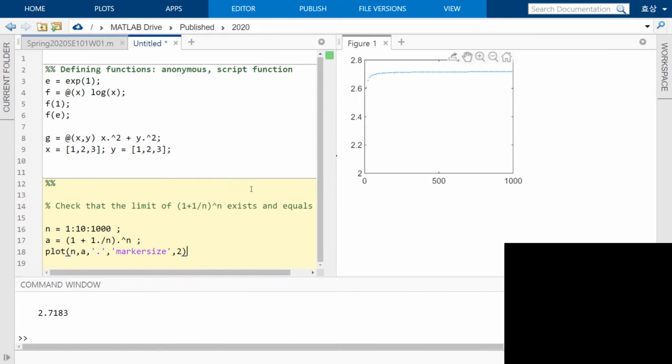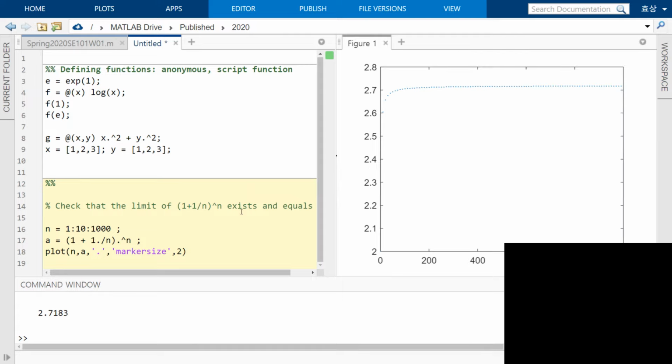Okay, so this is the result. You start from, can you see it clearly? Maybe you cannot see clearly, but it starts from almost 2.6, and now it increases and then stabilizes at some point. You can see a slight increase at each point to 2.7 something.